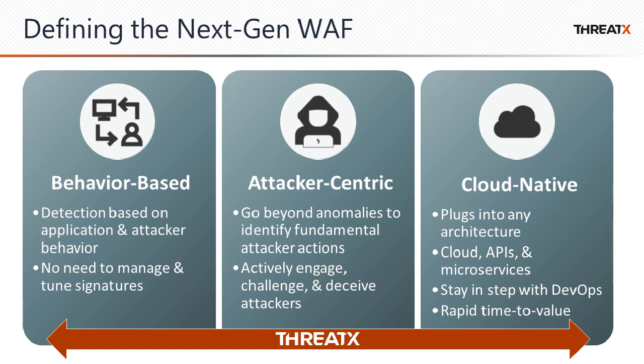You can also tar pit them, so you can make it more expensive for them to carry out these attacks. So there are a lot of mitigation features available in a next-gen WAF that pull all of these things together, whether it's application profiling, end user behavior profiling, or engagement with the end user.